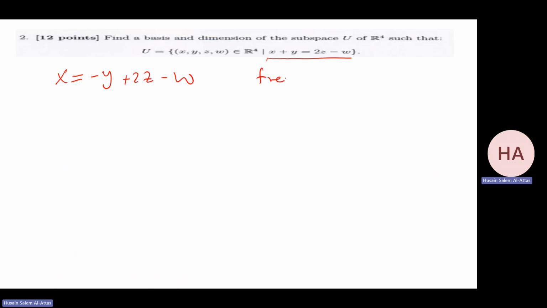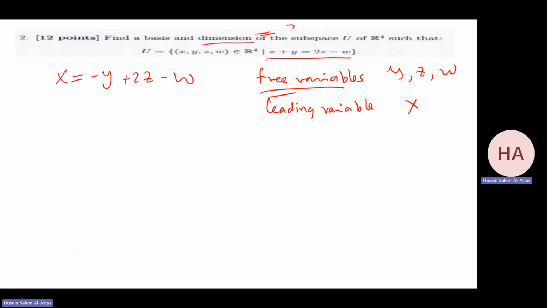What are the free variables? They are y, z, w. The leading variable is x. By the way, from here, what will be the dimension? The dimension is 3.